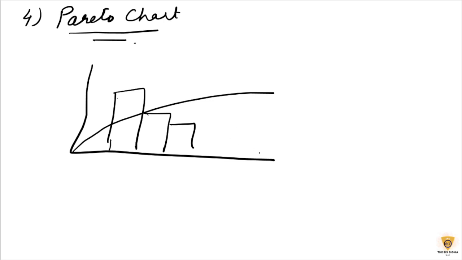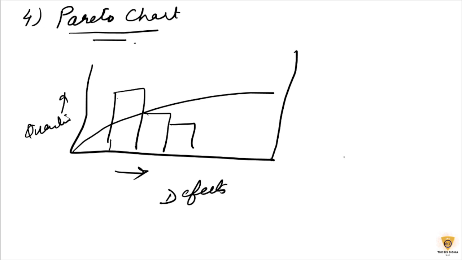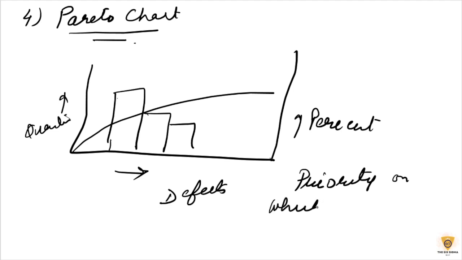Now this is the quantity, this is defects, and here it's percentage. So this is a Pareto, right? And it tells us which the priority on which we should focus on.